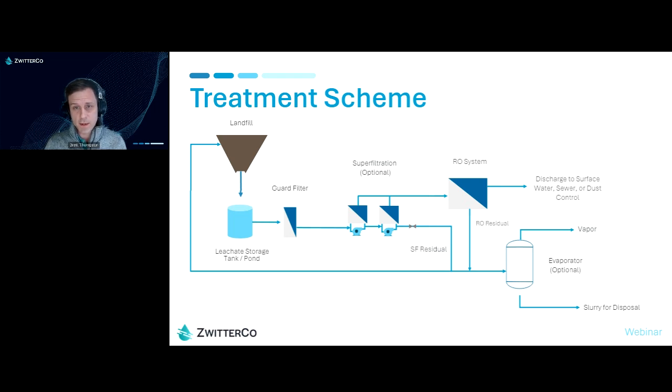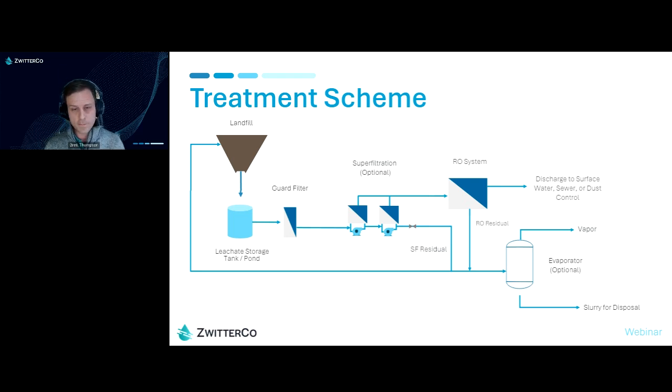Now, landfill leachate quality can vary greatly depending on many factors: the location, the amount of rainfall, the type of solid waste that it receives, the age of the landfill. For an RO system, one of the first things we look at is the TDS, or total dissolved solids. It can vary from as low as 2,000 milligrams per liter to upwards of 60,000 milligrams per liter, depending on those factors.